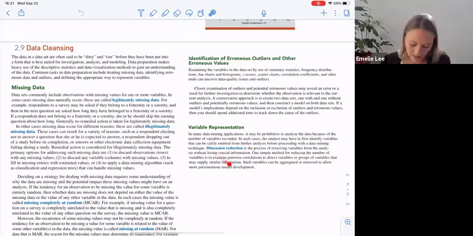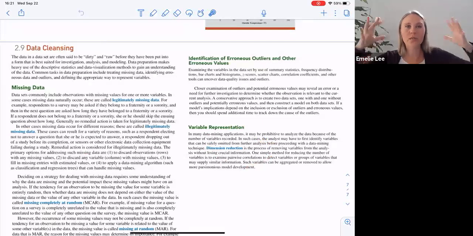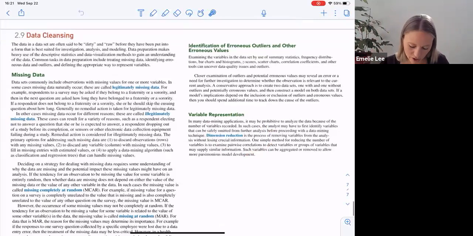And then the last thing in here is that it's common that we need to reduce the number of variables in a data set. So we need to consider how can I replace one or maybe three variables with one variable, right? And that's dimension reduction. But that's just a side note, so I'll leave it at that.